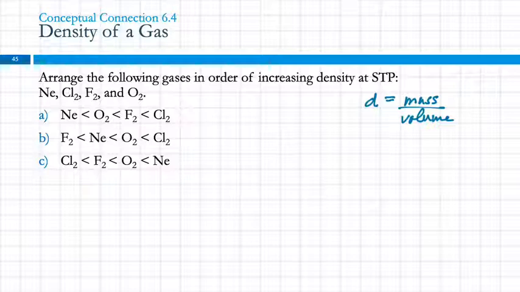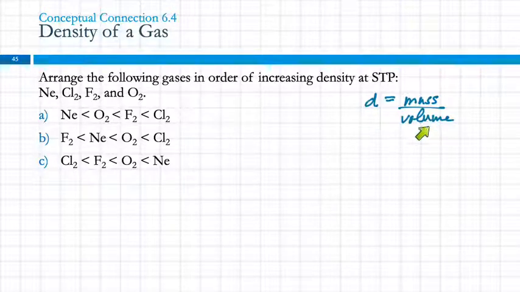What do we know about the volume of a gas at STP? 22.4 liters is 1 mole. So if I had 1 mole of each of these gases, they would occupy the same volume. But what's different? Their masses.